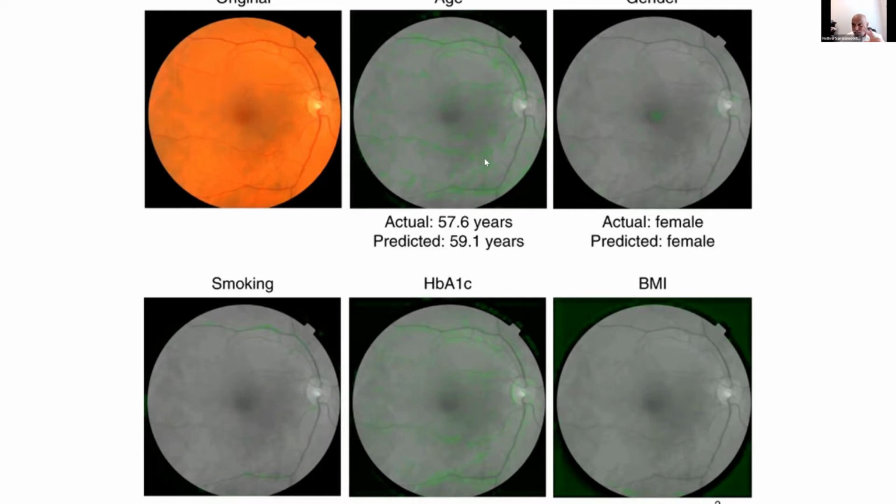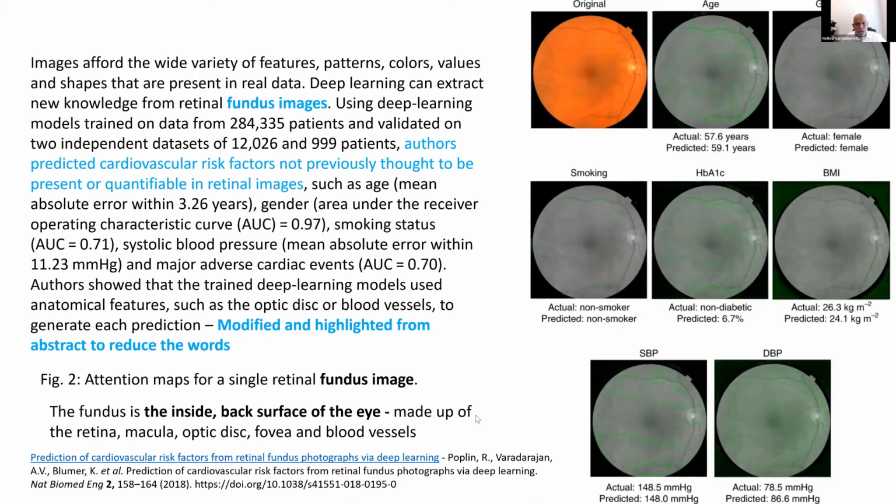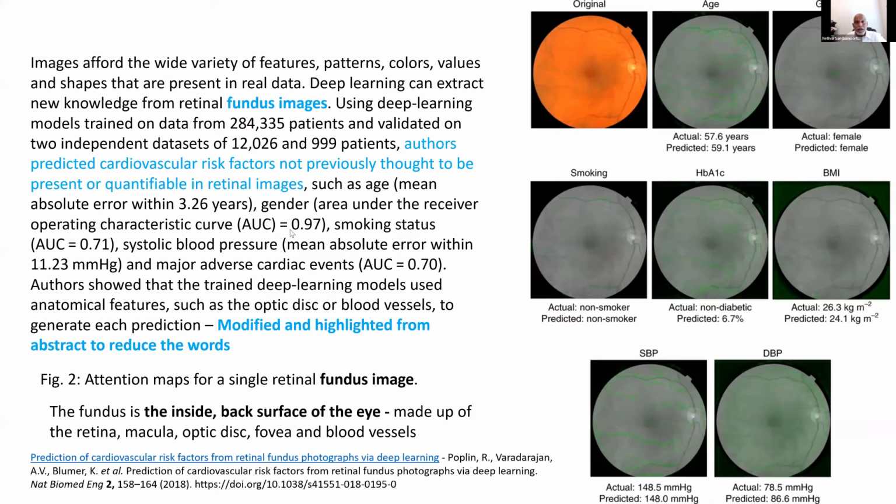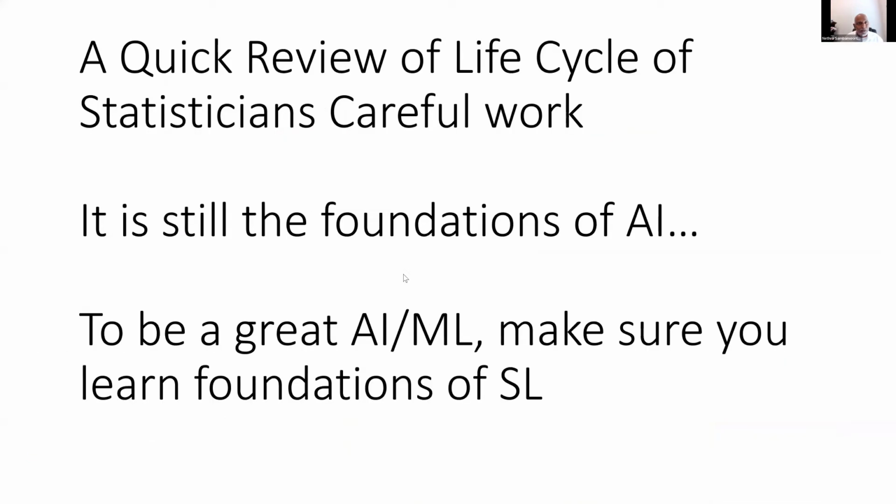Just the patterns of blood flow can give you predictive information: gender, age, smoking, HbA1c, and BMI. It's a beautiful example, and there is more detail about that here. It's highly predictive; you can see that the area under the curve is 0.97. I talked about area under the curve yesterday, and I might quickly go through that also.